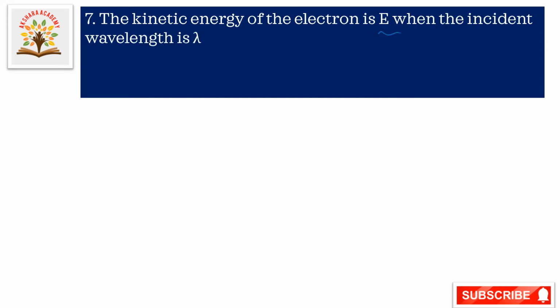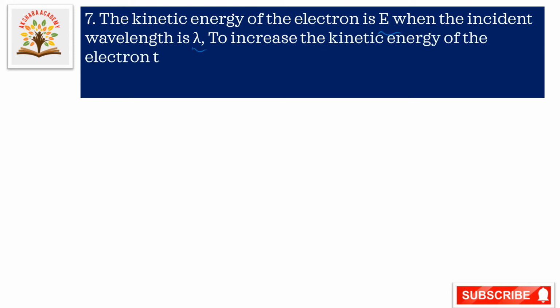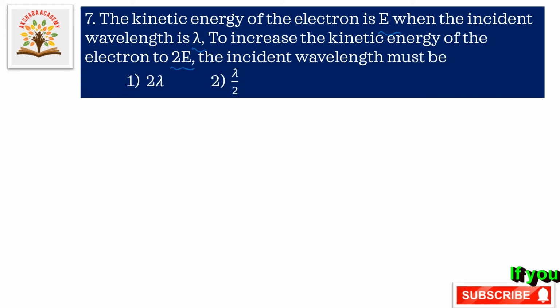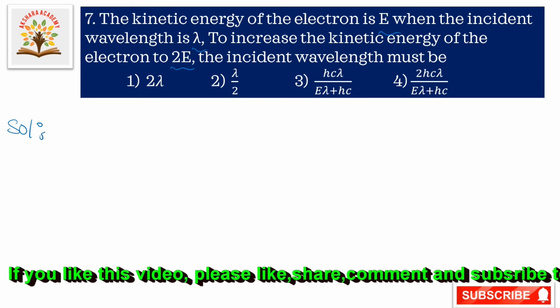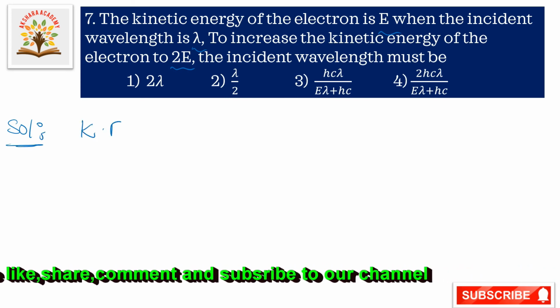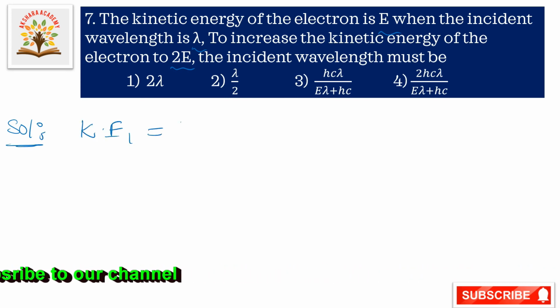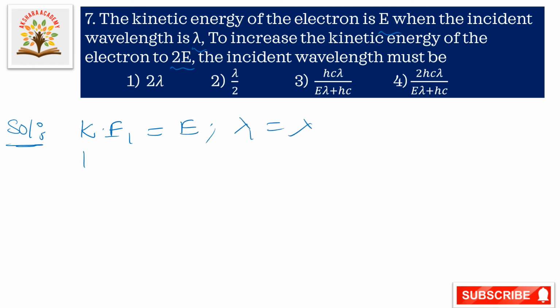The kinetic energy of the electron is E when the incident wavelength is lambda. To increase the kinetic energy of the electron to 2E, the incident wavelength must be. Now let us go to the solution. They given kinetic energy KE1 is equal to E and lambda 1 is equal to lambda.